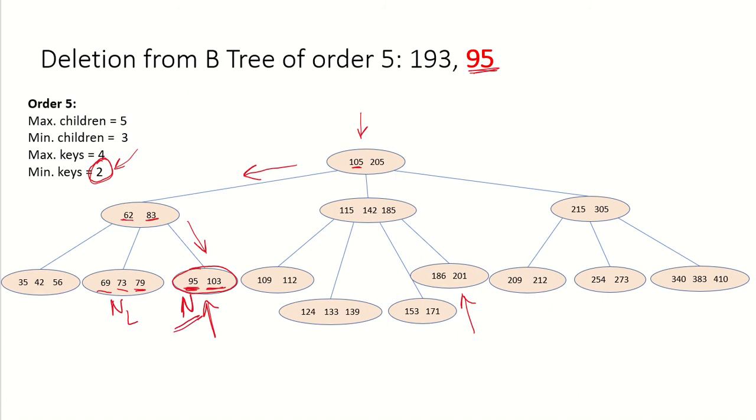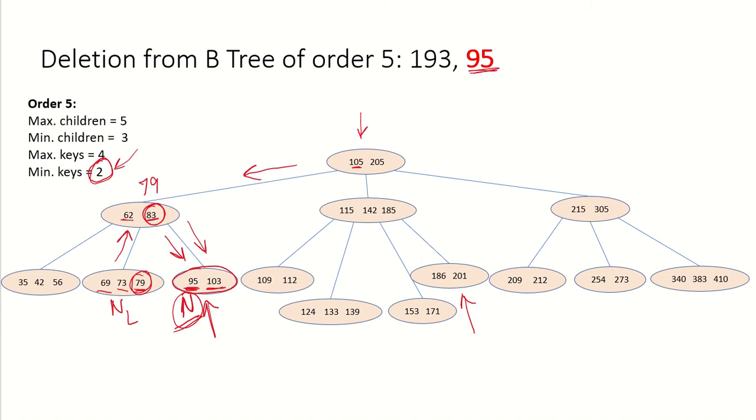But this lending has to be via the parent. This node N cannot borrow a key directly from its sibling. So what will happen? The largest key of the left sibling would be sent to the parent. So 79 will come here and this 83, which is the largest key of the parent, would be sent back to the node which wants an extra key.